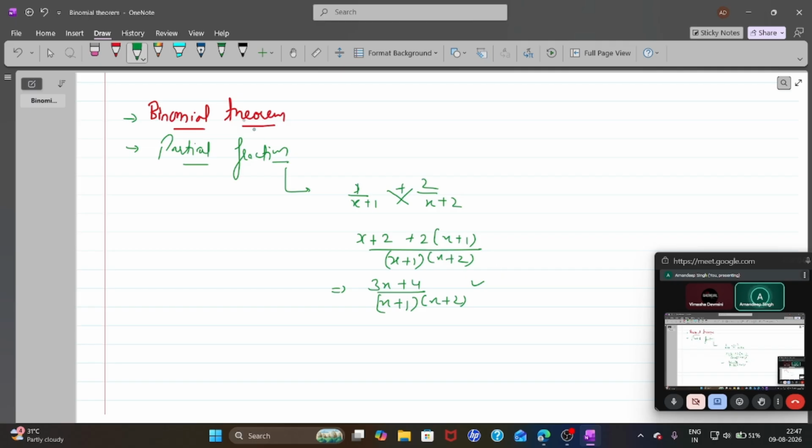But in partial fraction, what do we do? In partial fraction we do the opposite. I mean, from the answer we move to the question, as in the single fraction would be given to you like this, and you have to turn this single fraction into multiple fractions like this. So what is the need of this? Let us say they ask you to use a binomial expansion to expand this up to x cube.